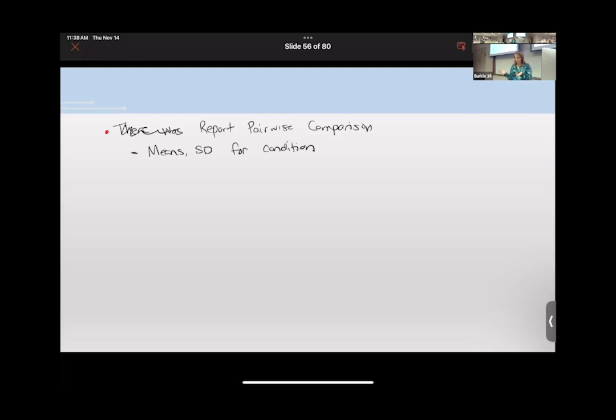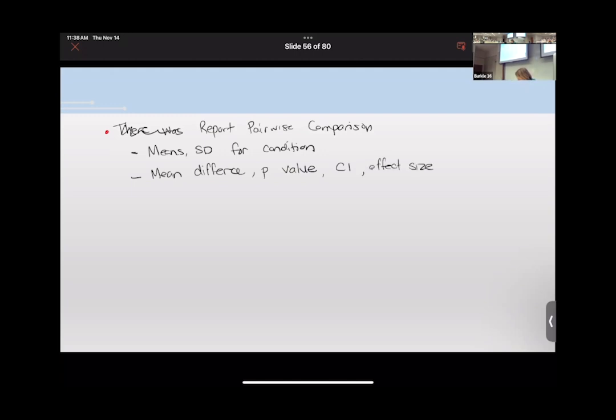We get those from our descriptives. Did better than students who were in an all white room, mean, standard deviation, mean difference, confidence interval, and effect size, which is what? Because it's a pairwise comparison. Mean, standard deviation, mean difference, p-value, confidence intervals, effect size. Am I missing anything? We're not there. Go ahead.